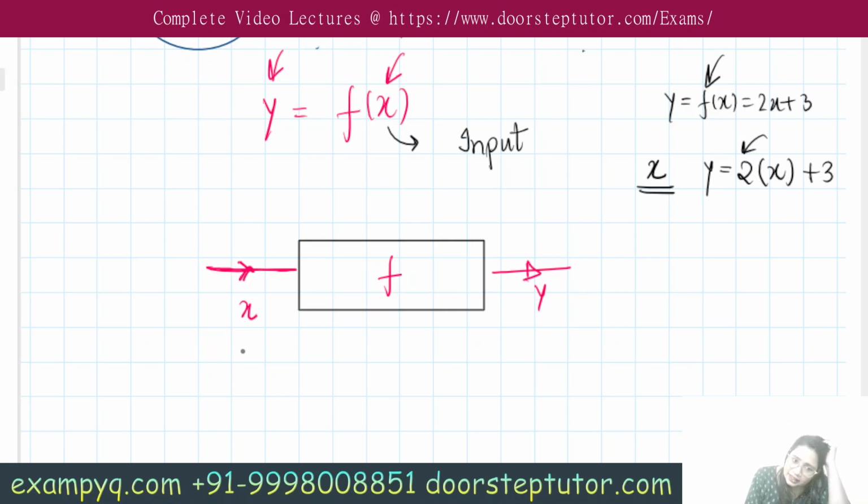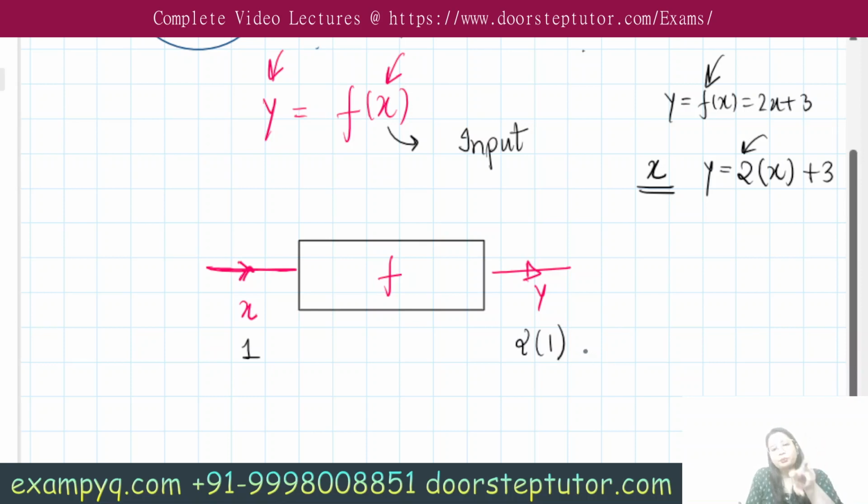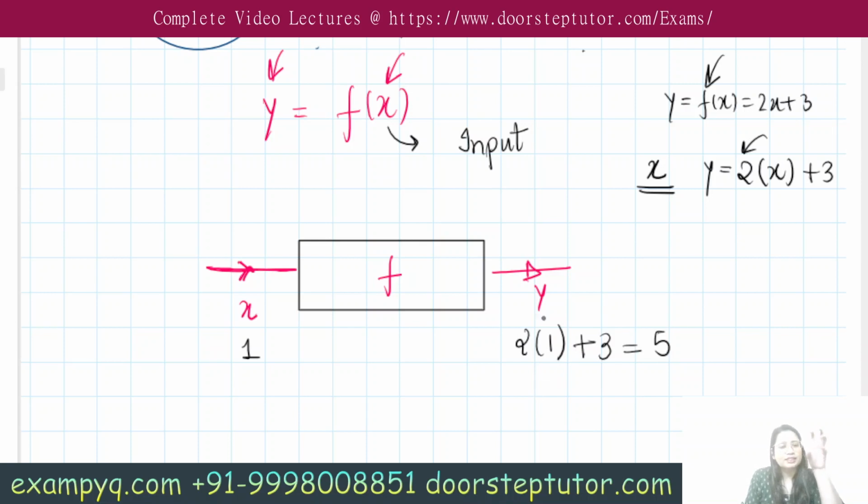So let's suppose I give my input as x equal to 1. What would your output be? First of all, it will multiply this input by 2 and then it will add 3, so you will get a 5. Correct? Are you able to follow that? F is doing some kind of processing on your input to give out some output, and that's why x, in addition to being called the independent variable, is also called the input variable.